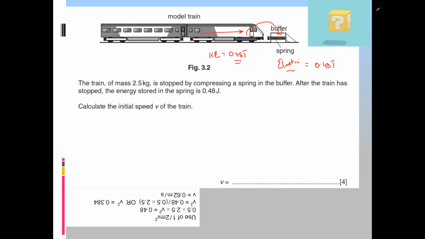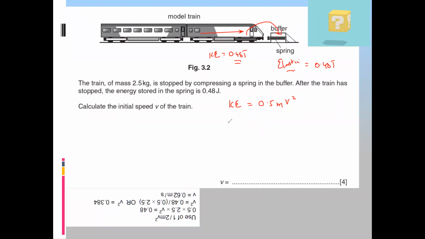As the train was moving, which form of energy will the train have? Kinetic. So we can say kinetic energy will be equal to half mv square. Instead of writing half, it's better to write 0.5.